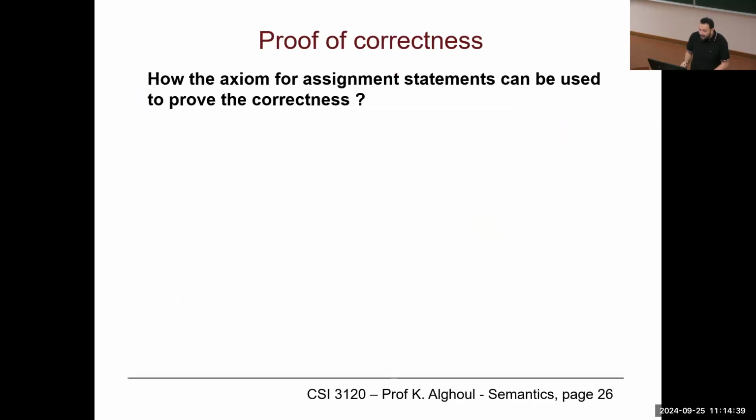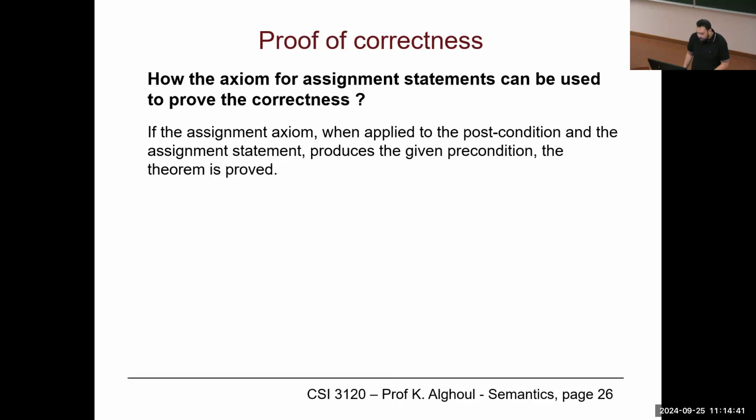Now, the idea of the axiom, we're going to call it axiom, right? This is a proof of correctness. If I'm telling you to prove if this is correct, I have to give you both the precondition and the postcondition to be able to prove if this is correct or not. So in this case, I gave you x is greater than 3 and x minus 3 is greater than 0. How can you prove this is correct?